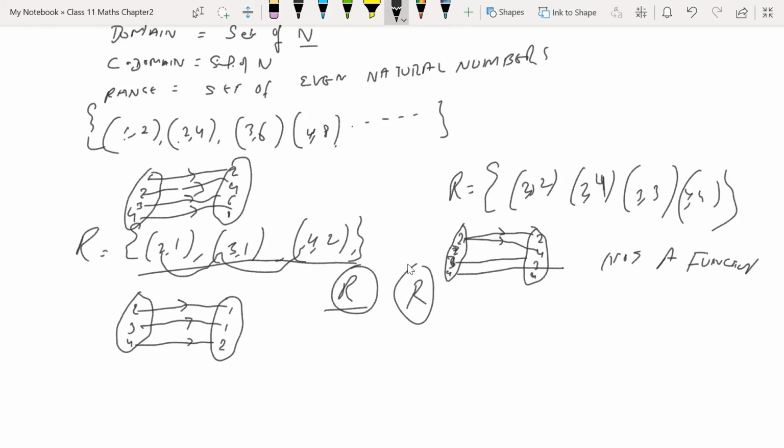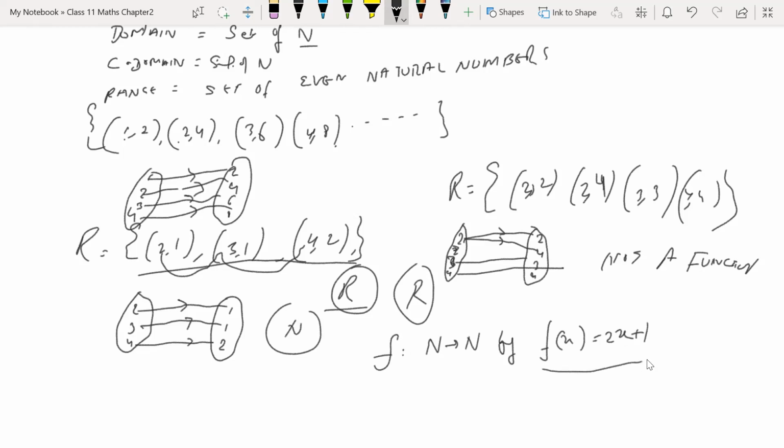Let's define a real valued function. Let N be the set of natural numbers. Then a real valued function can be defined by f(x) = 2x + 1.